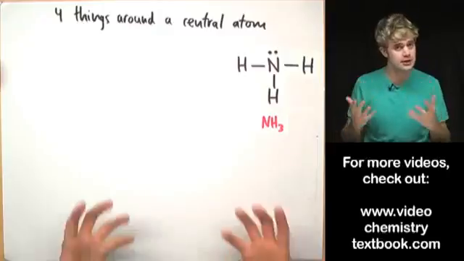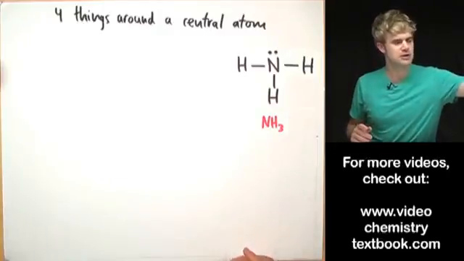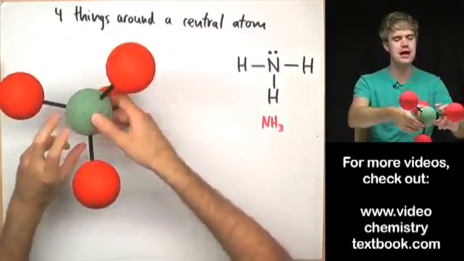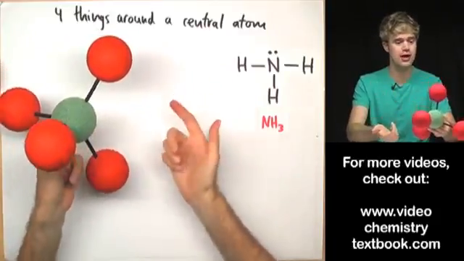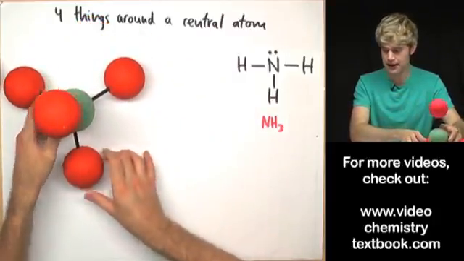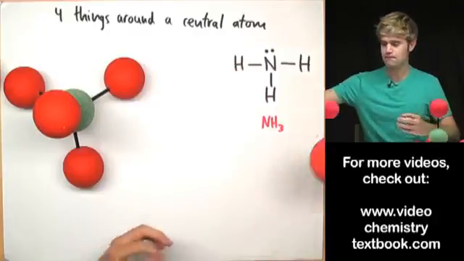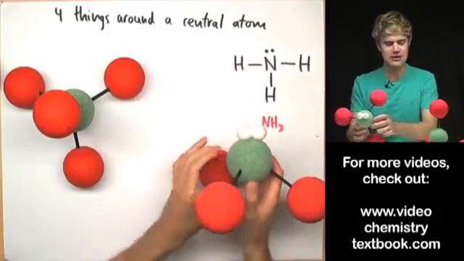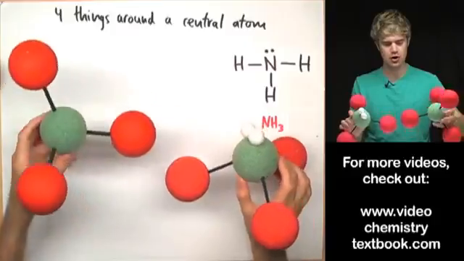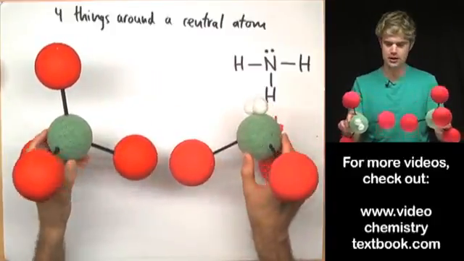So what's its shape going to look like in 3 dimensions? I'm going to go back to this tetrahedral shape for just a minute because this is how we arrange 4 things around a central atom when they're all other atoms, okay? But in this shape, they're not all other atoms, okay? So NH3 is going to end up having this shape, which is called a trigonal pyramidal shape.